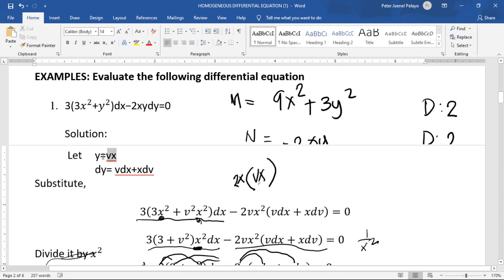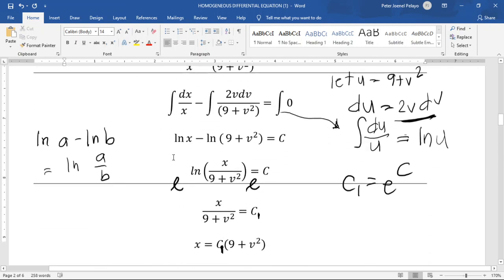So, remember that y is equal to bx, or when we call it v, v is equal to y over x. Right? v is equal to y over x.